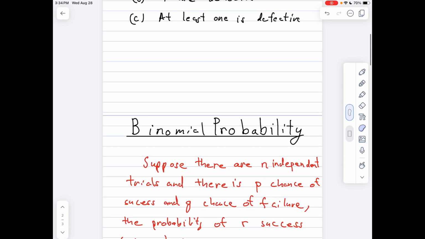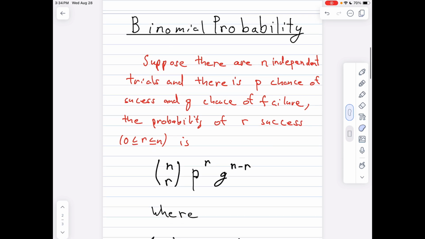So let's look at what binomial probability is. Suppose there are n independent trials. What that means is that you're going to do some type of experiment n times, and the result of one experiment is independent of the previous one.